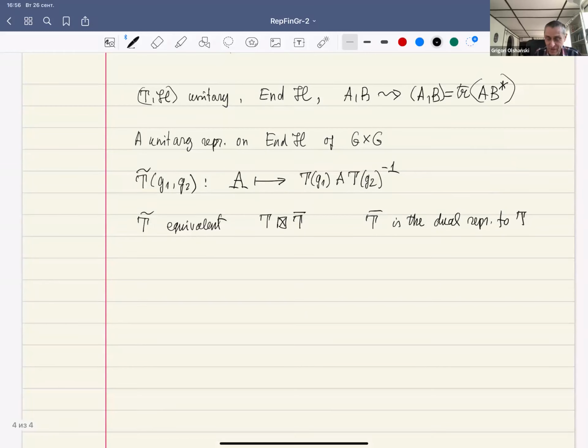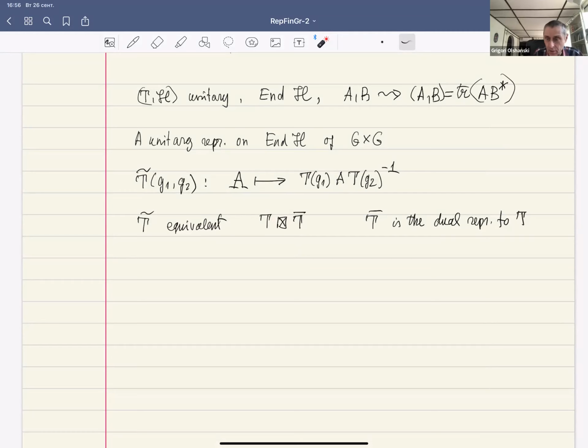Okay? So why do I want to make this symbol? Because I want to write this for the usual tensor product of the same group. So the interior tensor product of two representations is a representation of the same group.